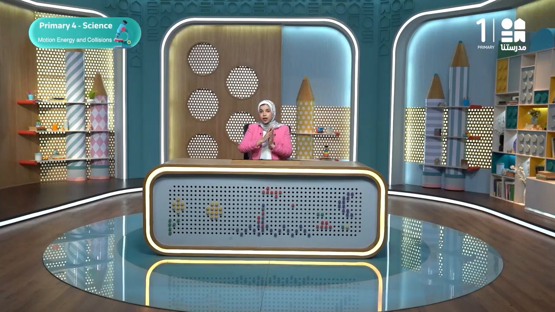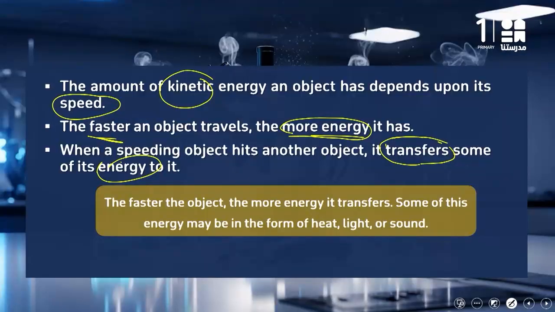It will transfer to the goal net after collision in different forms. One of them is a result of friction. What is the relation between the collision and the friction?